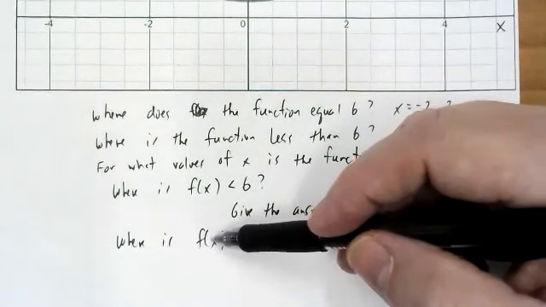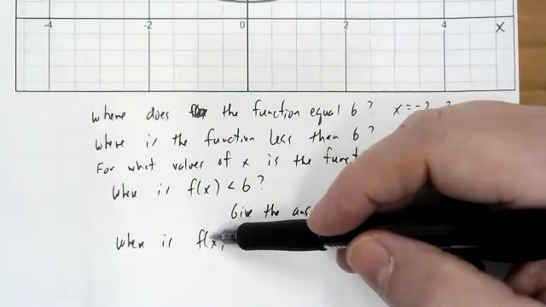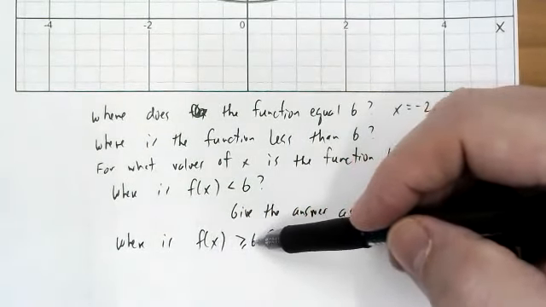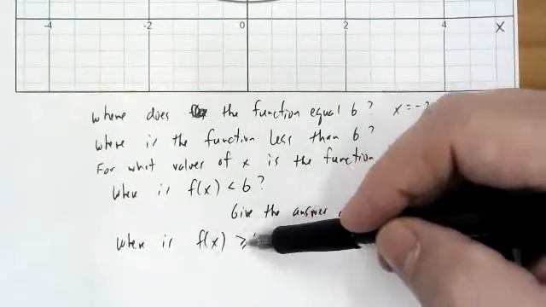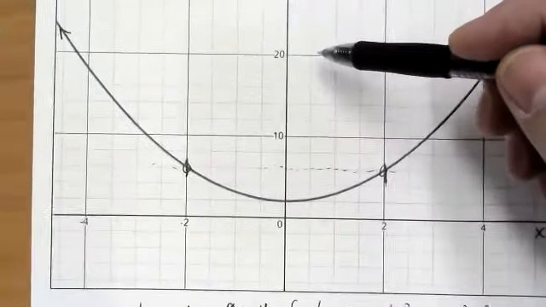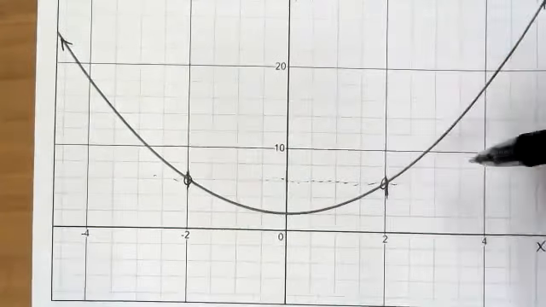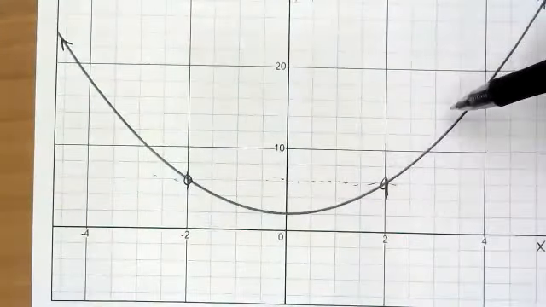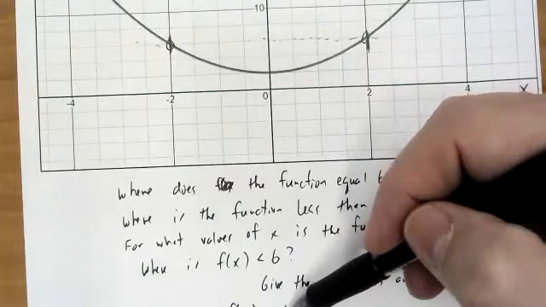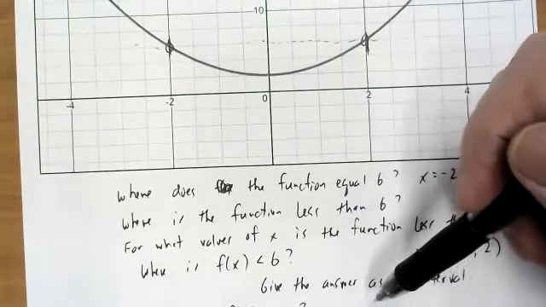Like, what are the values of x that cause this function to be greater than or equal to 6? Once you understand what they're asking, you go to the graph. Sometimes what I will do is find the parts of the graph that are the solution to this question, and I'll circle them.